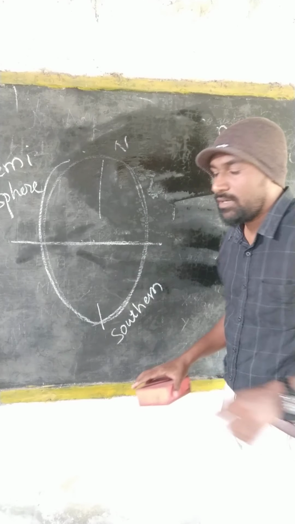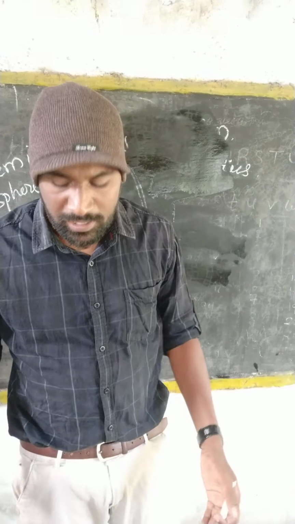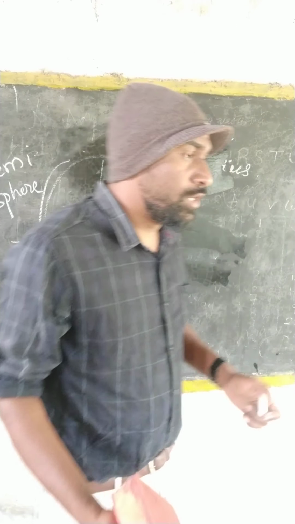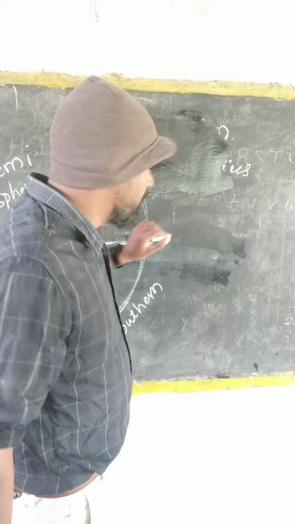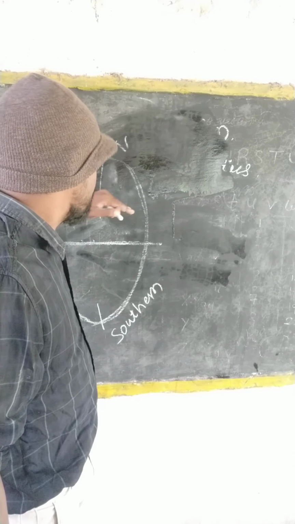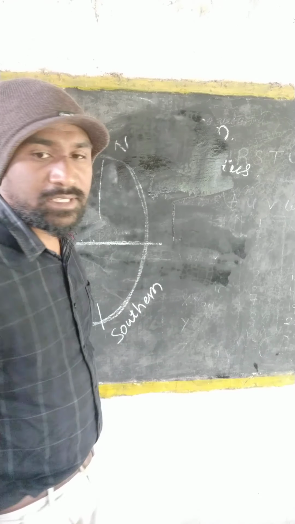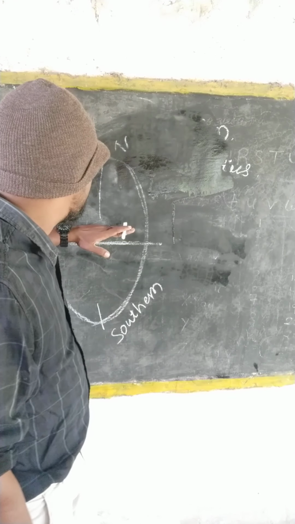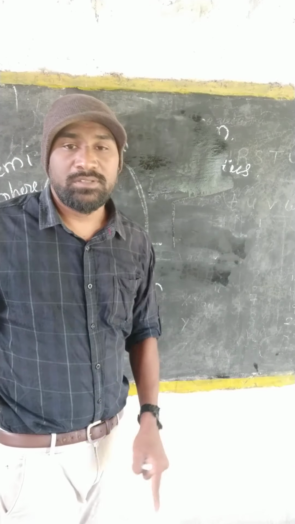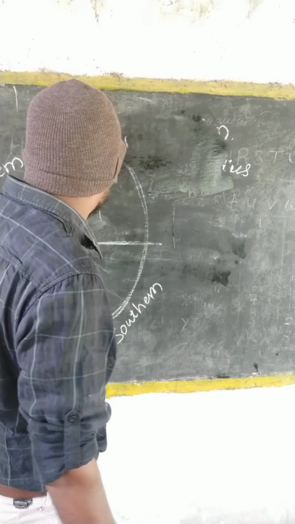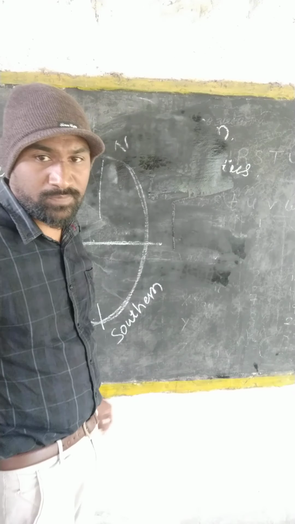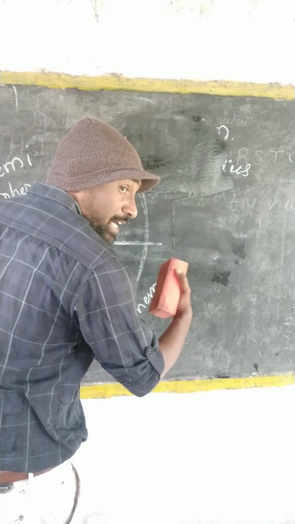Now, dear children, take one textbook and put it in front of you. What do you observe? In the map, India is located in the upper part. Upper part means, as I said just now, the northern hemisphere. So India is located in the Asian continent, in the northern hemisphere. One more thing you observe is that some lines are drawn vertically and some horizontally, and those lines cross each other.